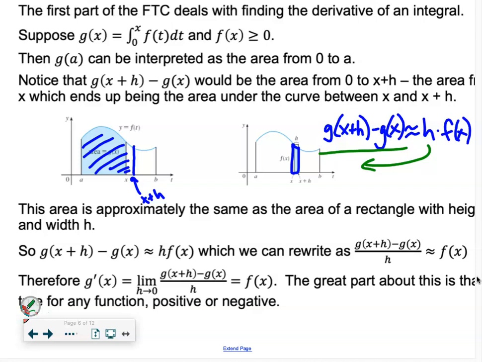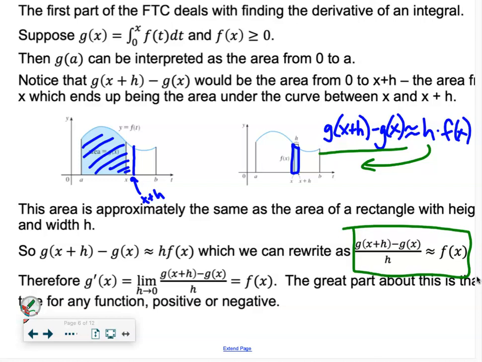So if g of x plus h minus g of x over h is approximately equal to f, what if we took the limit as h approaches 0? If we take the limit as h approaches 0, then this would be equal, right? Because this and this would be just a line essentially, and what would be that line? It'd be the height of your function.